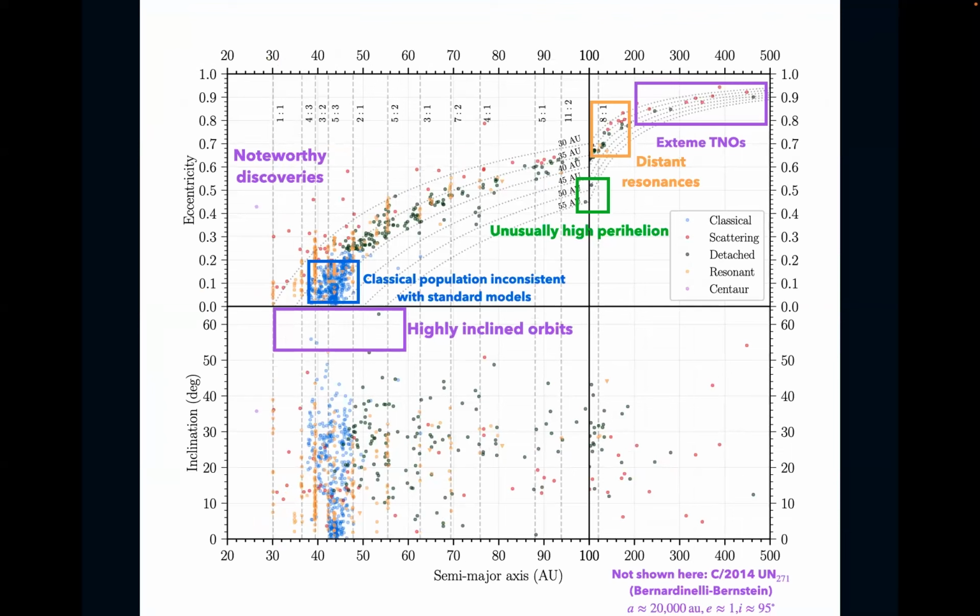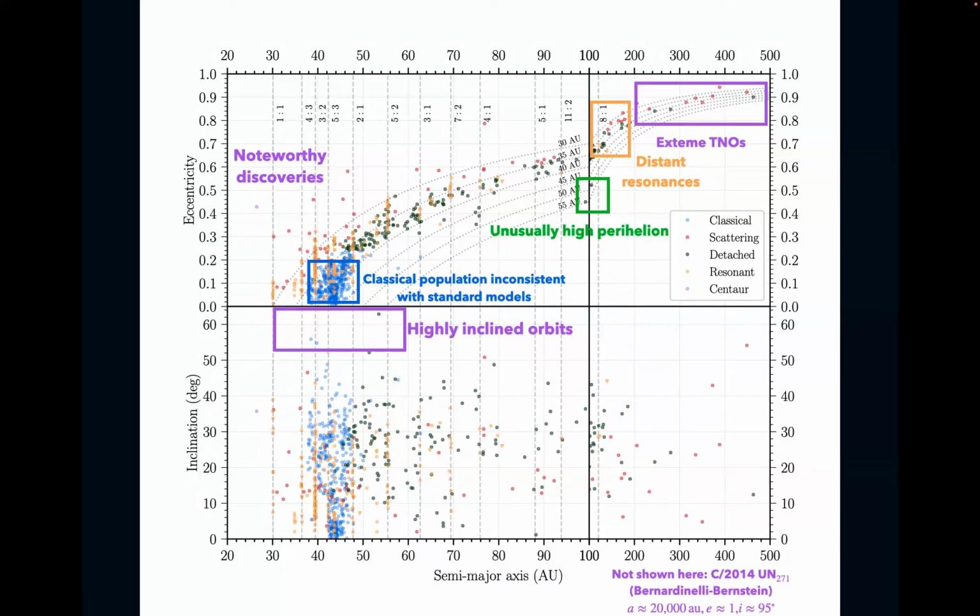I will not go into detail here, but we have objects in very distant resonances. These are populations that we still don't understand completely yet. We have things at high perihelion, same story applies. We have things at very high inclinations. Guess what? We don't understand these objects as well. They're basically all the tails of the distributions that we're finding with a survey like this.